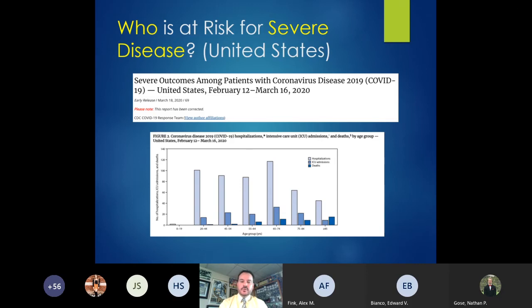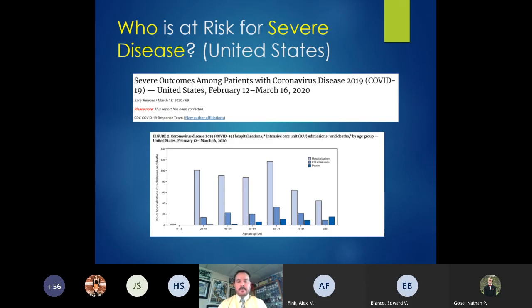But when it comes to those that are infected, those that require hospitalization, and those that require even ICU admission from that hospitalization, there is a significant number in the younger age groups. So we are seeing severe disease among younger people. Again, this is data from the CDC.